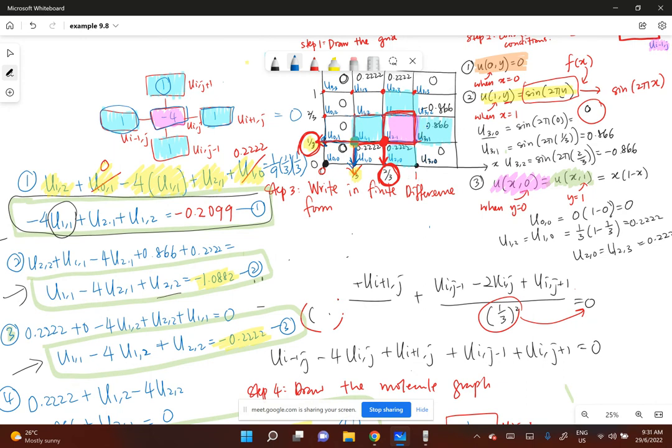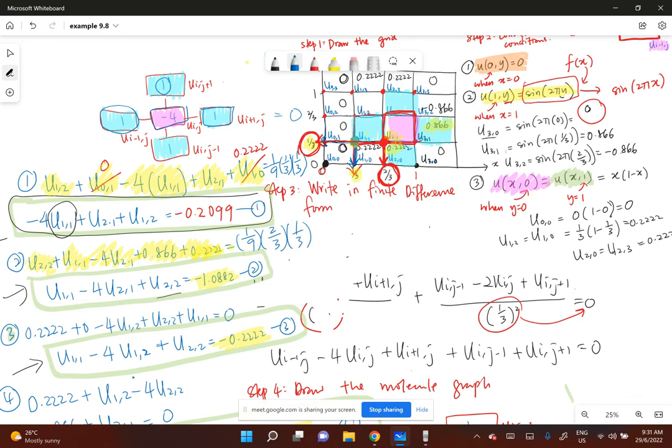The right side here is 0.866. So U22 here on top plus the left hand side U11 minus 4U21, and then plus 0.866, plus 0.2222 at the bottom, is equal to 1 over 9 times x, where the value of x now is 2 over 3, and the value of y is 1 over 3.